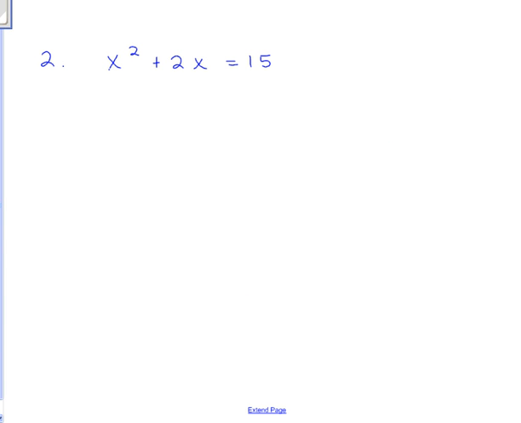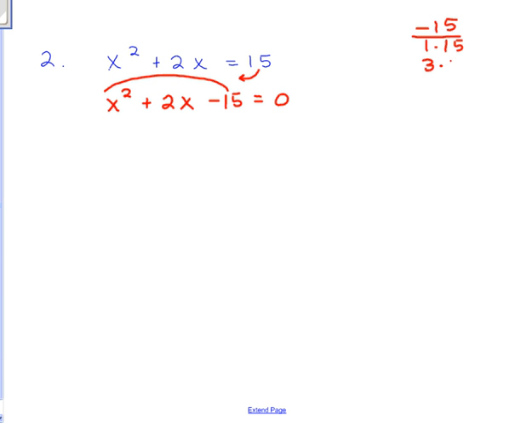Example 2, x squared plus 2x equals 15 is not in standard form. So my first step will be to get everything in the right order, and I want it equal to 0. So if I have to move this 15, it's going to make it negative 15. Then I have it equal to 0. This is standard form. Factor, so if I multiply 1 times negative 15, would be negative 15. Make a list.